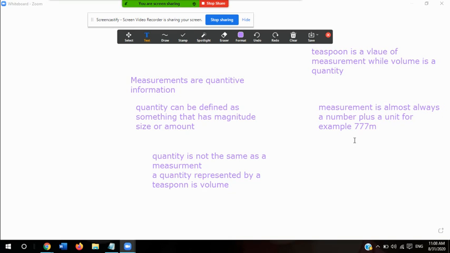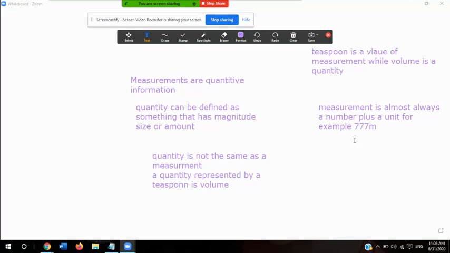And then we're going to talk about the SI system. It says that scientists all over the world have agreed on a single measurement system called Le Système International des Unités, abbreviated SI.